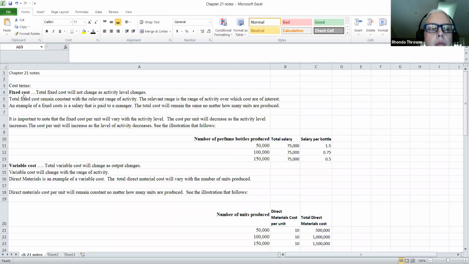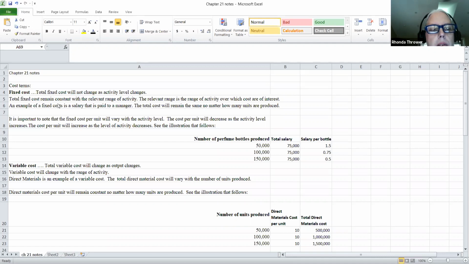So when we talk about the term fixed cost, and we're talking about total fixed cost here, the total fixed cost will not change as the activity level changes. And what that means is the total fixed cost is going to remain the same no matter how many units that you produce.